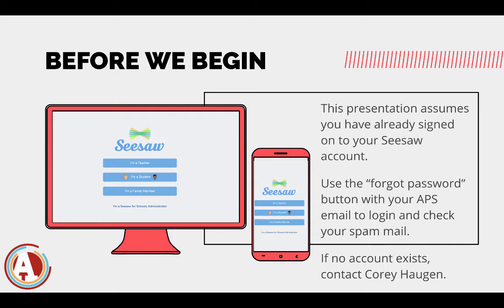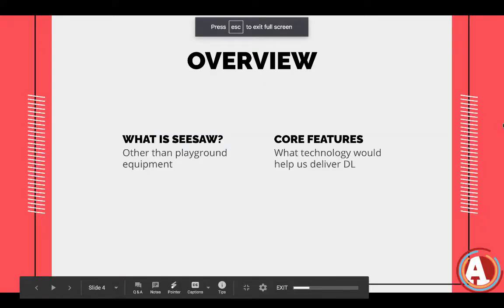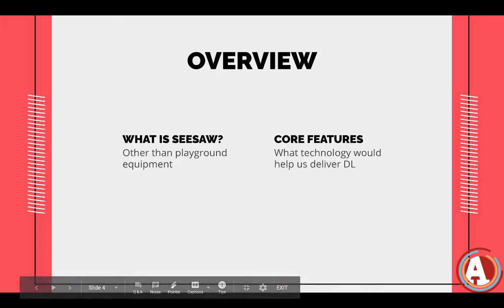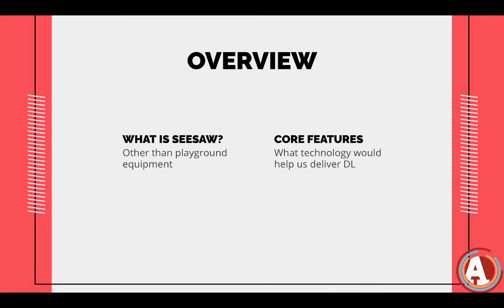And then in that case, make sure you're checking your spam mail in your inbox, because sometimes the Seesaw mail gets stuck in there. So in this presentation, we're going to talk about what is Seesaw, other than playground equipment. Funny. And the core features of Seesaw and why we would use this technology to help us deliver distance learning.